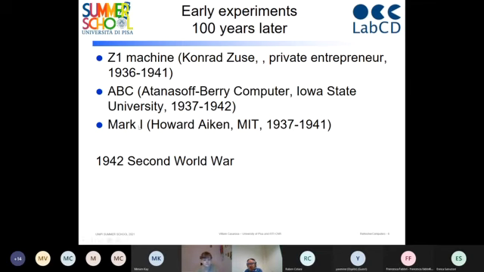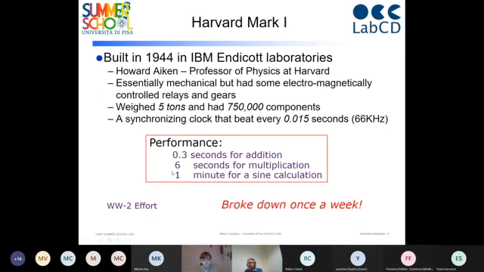However, with the arrival of the war, a lot of money was available for this research project, as I was saying before, because the US were really thinking that computers could be a very strategic asset. So I make here the 2 main examples. One is the Harvard Mark I, that is the successor of the Mark I that we have seen before.